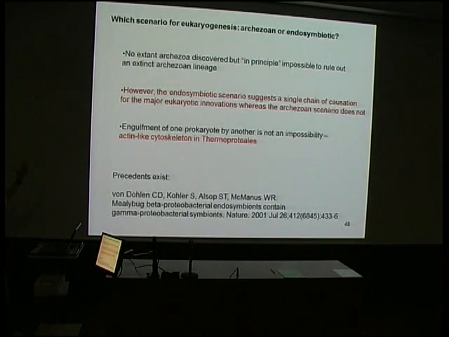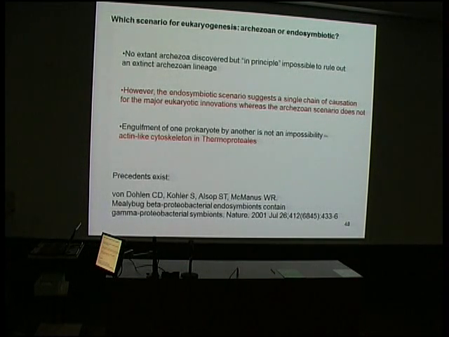Well, basically, to recapitulate, what is the best scenario for eukaryogenesis? The rhizome scenario or the endosymbiotic scenario? Strictly speaking, we cannot distinguish. But there are two very important things to keep in mind. One is that we are unaware of any existing living archaeosaur.